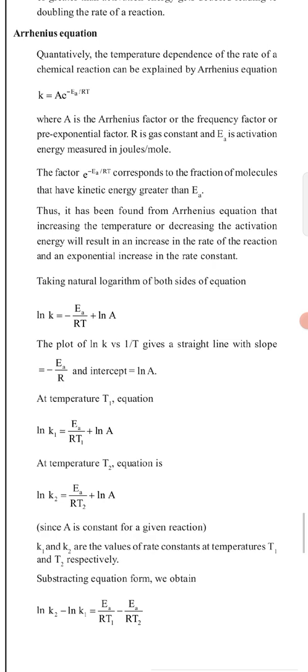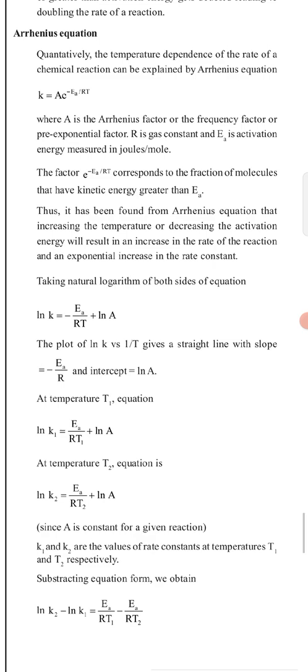So, what we have got according to the Arrhenius equation: rate constant equals A e to the power minus EA by RT, where A is the pre-exponential factor, or Arrhenius factor, or frequency factor, EA is the activation energy of the molecule, R is the universal gas constant, and T is the temperature.